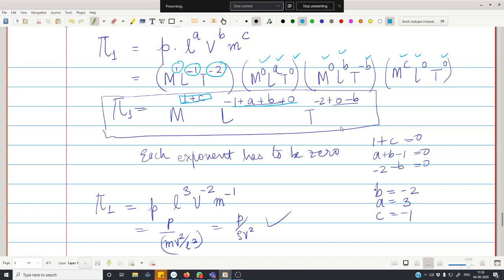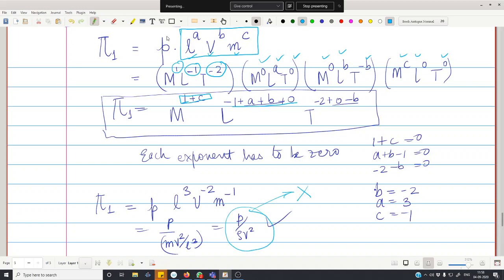So if you do not choose the appropriate basis vector, that is to say, if you do not choose these three terms from the rank calculation, if L, V and M themselves are not linearly independent, then you will not be able to find this out correctly.